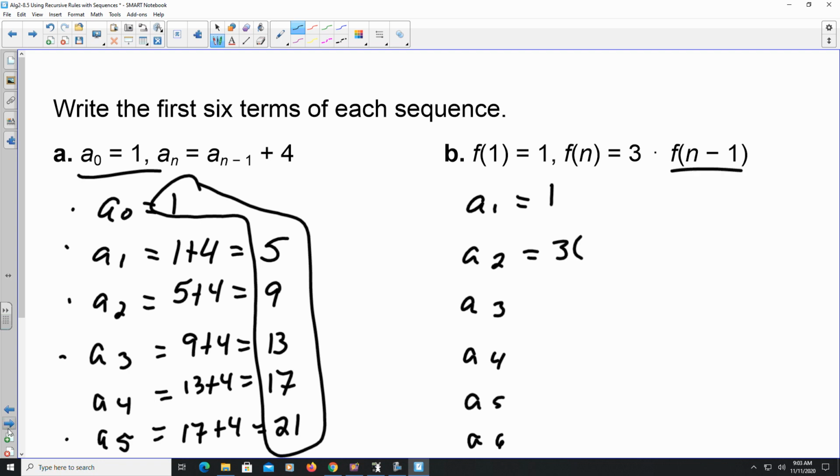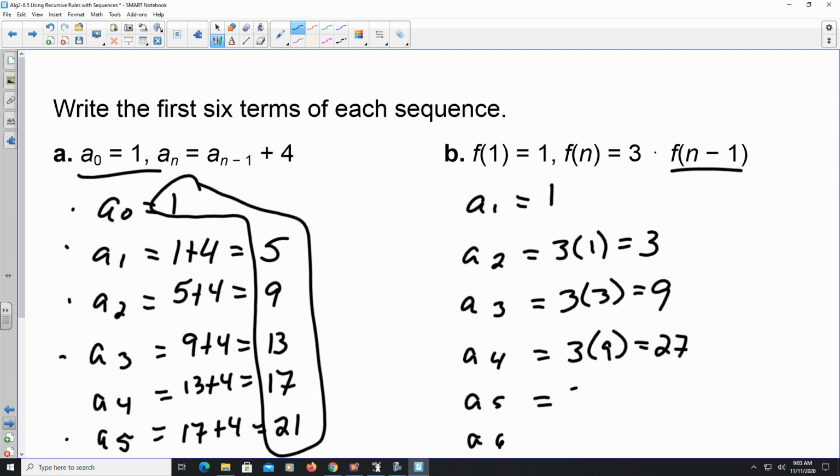Well, n minus 1 was 1, so that's 3 times 1, which equals 3. Next it's 3 times 3, which is 9. Then 3 times 9, which is 27. Then 3 times 27, which is 81. And finally 3 times 81, which is 243.